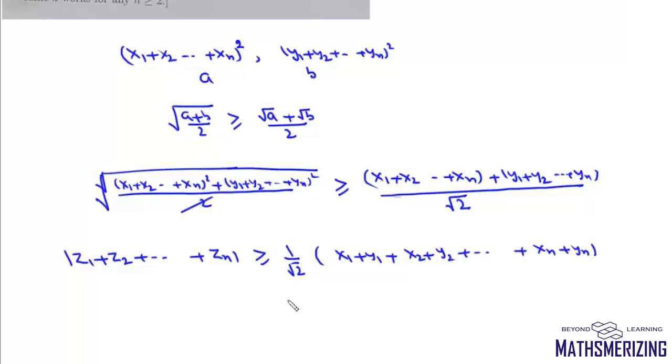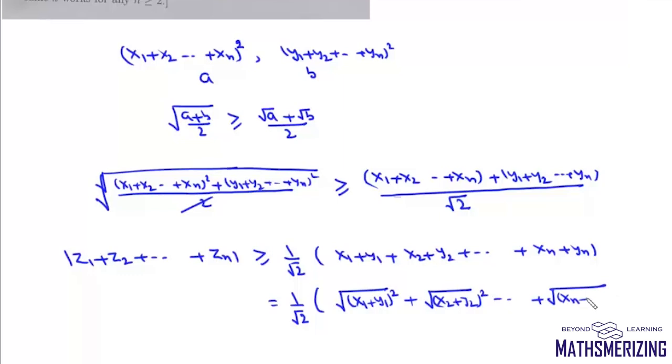Now we can write this as 1 by root 2, and it will be this under root of x1 plus y1 whole square plus under root of x2 plus y2 whole square up to under root of xn plus yn whole square.